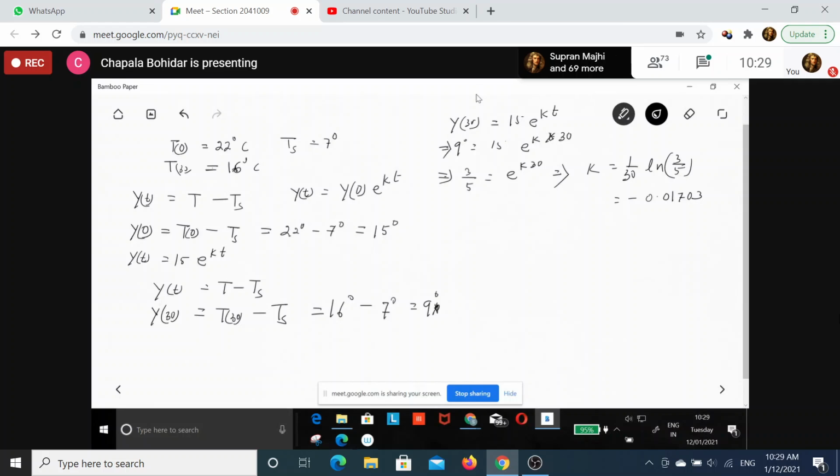So we write y(t) is equal to 15 e to the power minus 0.01703t. It is our formula, after getting the value of k. All of you clear?